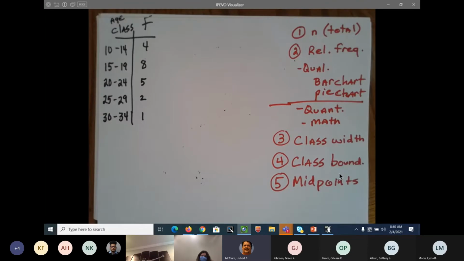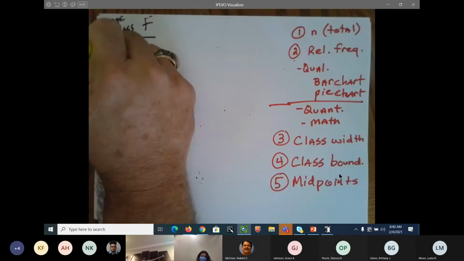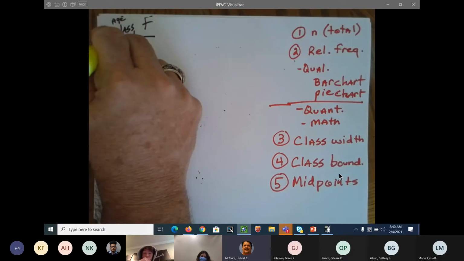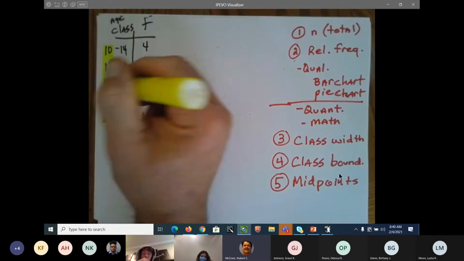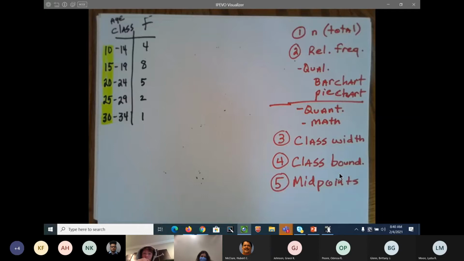And we're going to highlight some things. I'm going to take my yellow highlighter and highlight these guys. Can somebody that's had probability and statistics before tell me what these are called? Anybody? Is it lower class boundary?